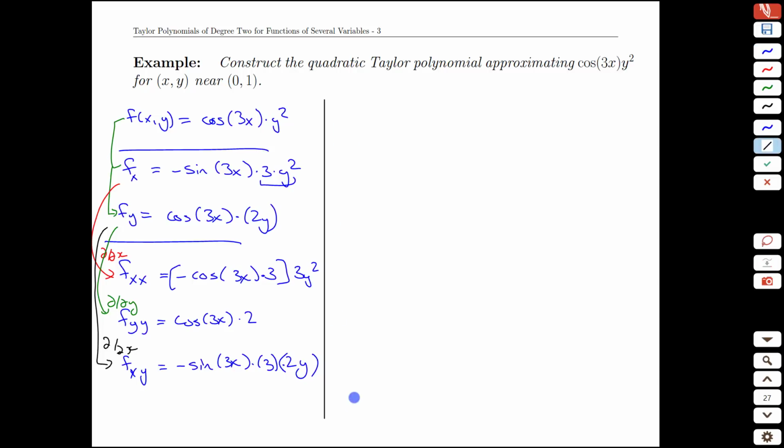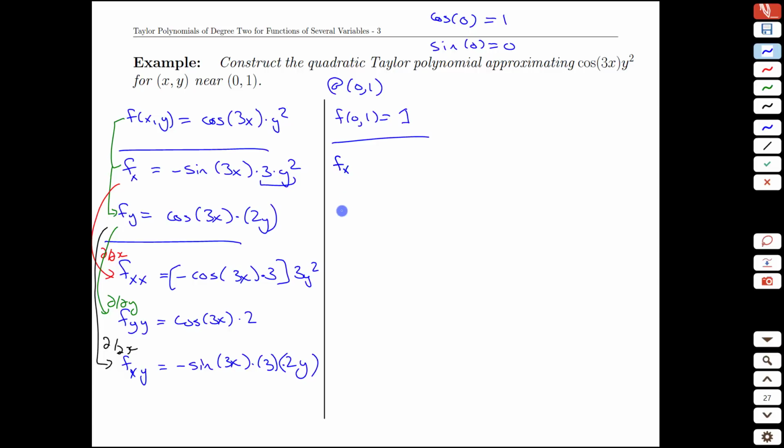After that, we evaluate this at the point (0, 1), because that's the location where we're trying to build our approximation. So we simply sub this in, and we remind ourselves that cos of 0 is 1, sine of 0 is 0, so we can scan across and get the function value at (0, 1): cos of 0 is 1, and y squared is 1, so this is all 1.